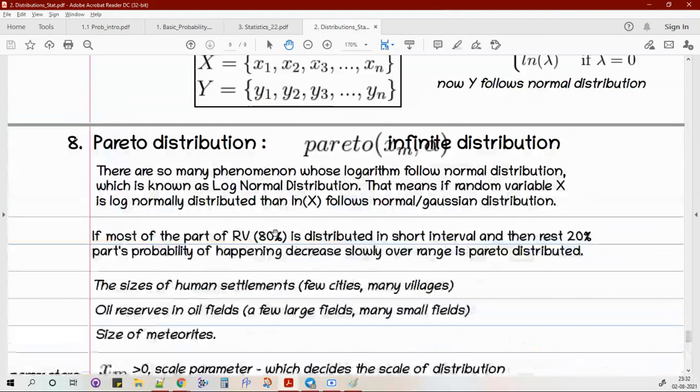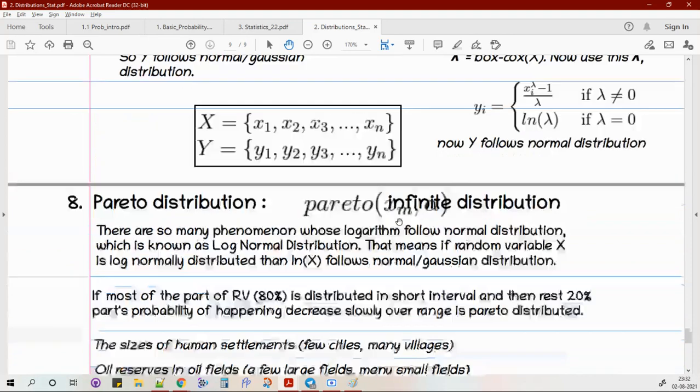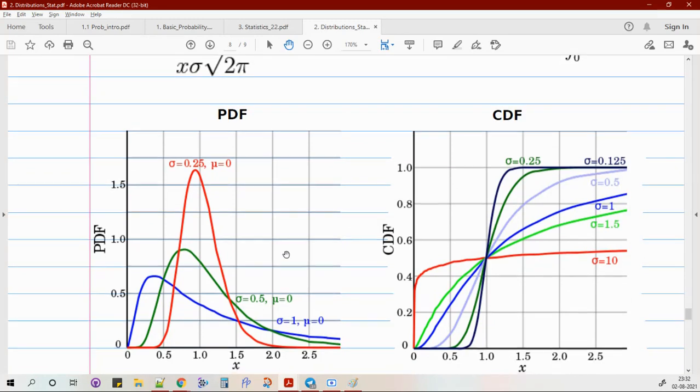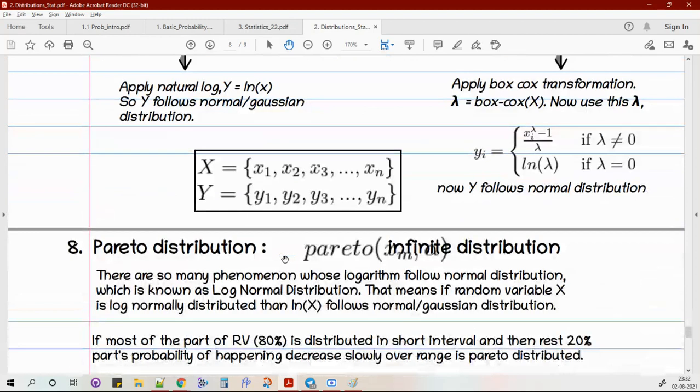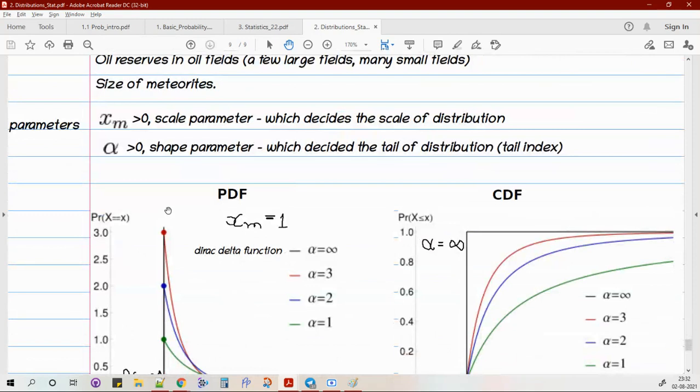So the Pareto distribution is very useful if you have a very imbalanced situation, right? If it is not balanced, let's say the income distribution, right? It is log normal also; sometimes it is defined as log normal up to like 90% or 95% of the population. But if you talk about the top 5% of the population, the top 5 earning people on earth, then their wealth is distributed as Pareto, right?